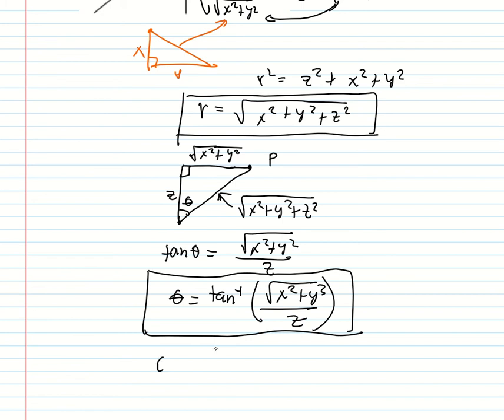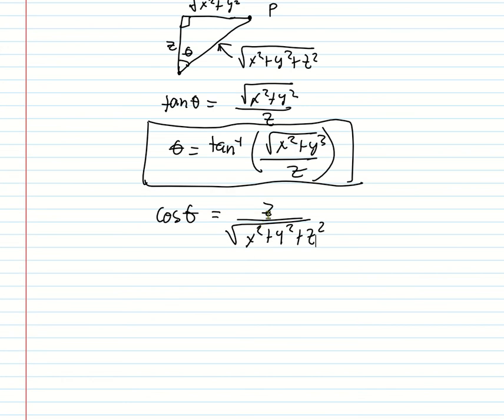So if we use cosine, cosine theta will be equal to the adjacent side, which is z, divided by the hypotenuse, which is that r, or the square root of x squared plus y squared plus z squared. And x, y, z are all given. So we can solve for theta. Theta is just equal to the arccosine or cosine inverse of z over the square root of x squared plus y squared plus z squared.